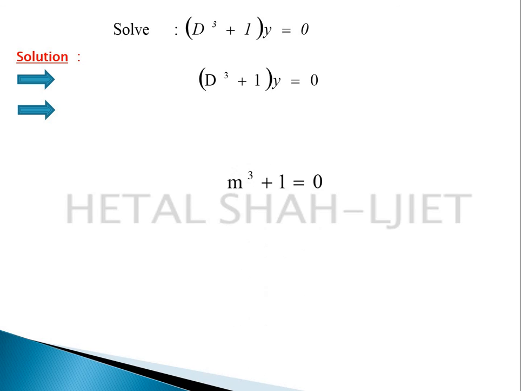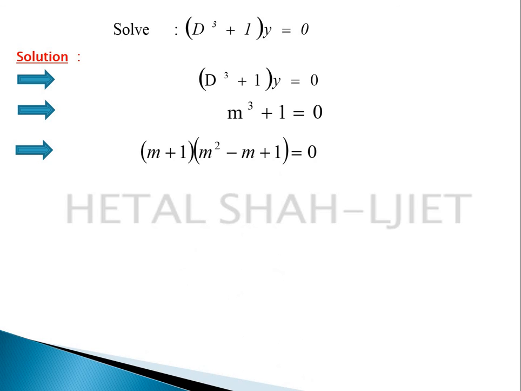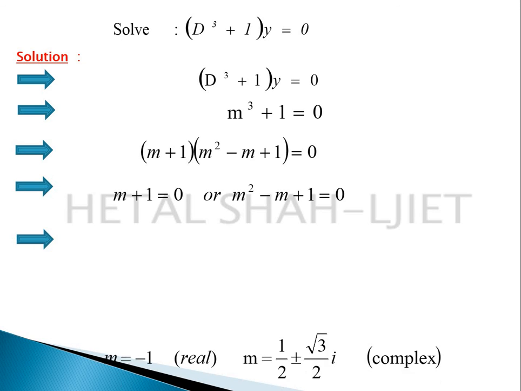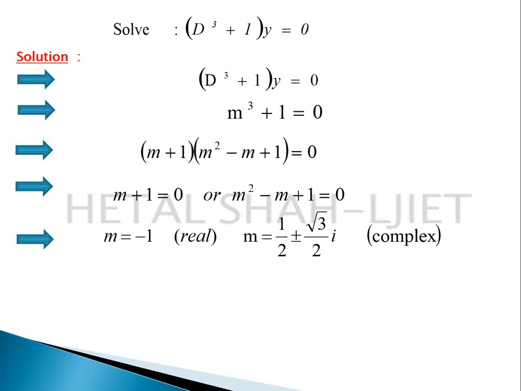For the next example, (D cube plus 1) y equal to 0. So the auxiliary equation is m cube plus 1. So the factors are (m plus 1)(m square minus m plus 1) equal to 0. Here m plus 1 equal to 0 or m square minus m plus 1 equal to 0. So m equal to minus 1, which is real. And if we solve as per the formula m equal to minus b plus or minus under root b square minus 4ac upon 2a, then these are complex roots.